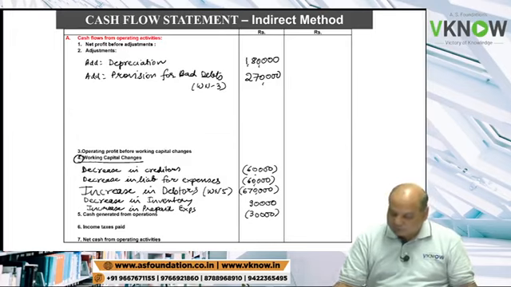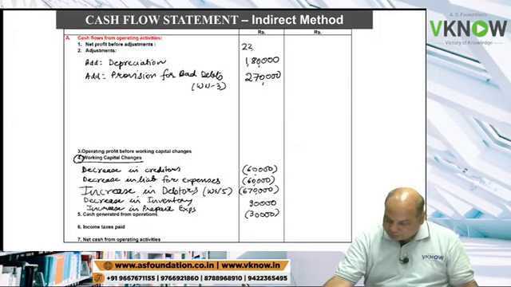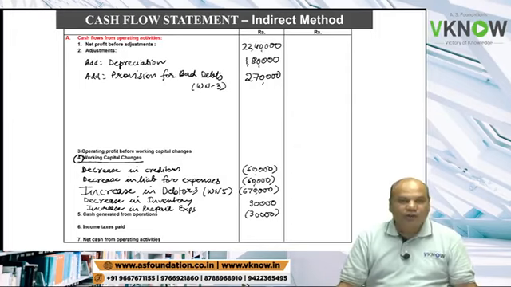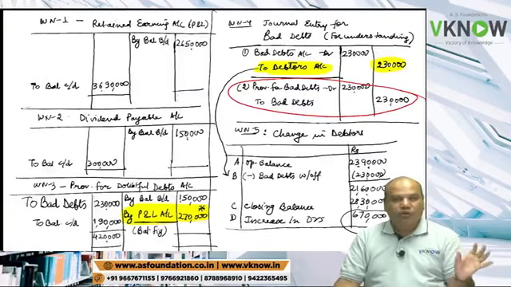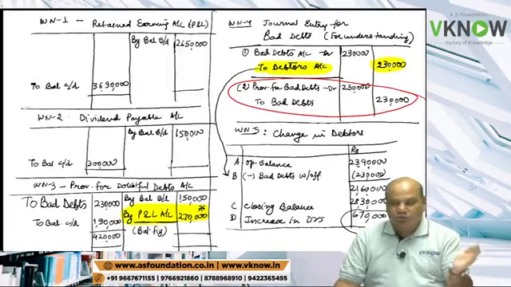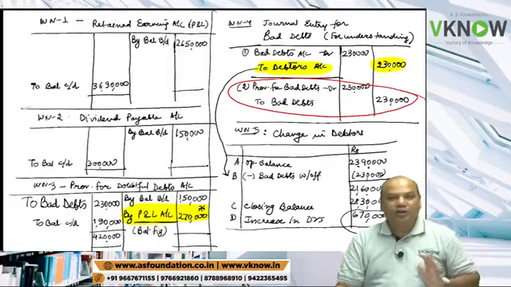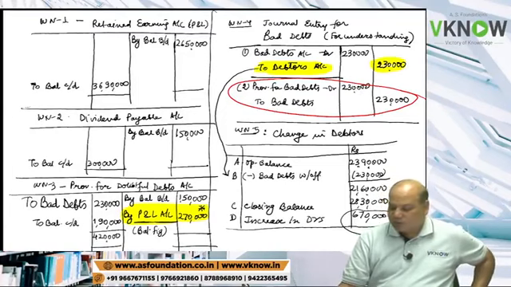Net profit before adjustment. Current year profit we have to write, which is directly given 22 lakh 40,000. And second effect will be, because now we are doing adjustment, so second effect will be in retained earning account.